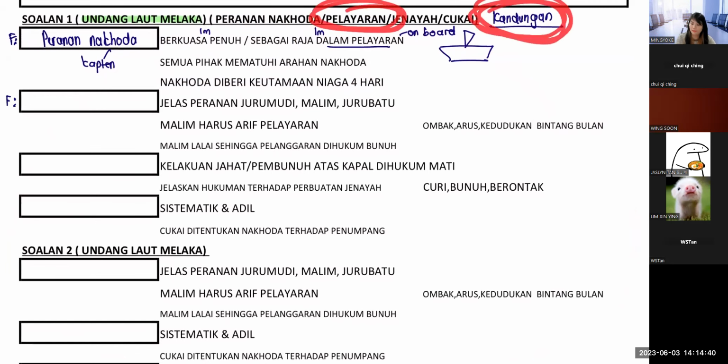The fakta. Okay, is sailing, pelayaran. According to our Undang-Undang Laut Melaka, our pelayaran stated clearly the responsibility of the jurumudi, malim, and juru batu. All right, jurumudi basically is our, what?